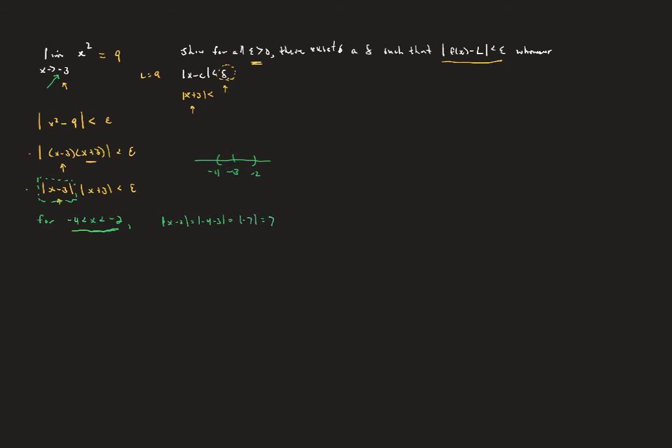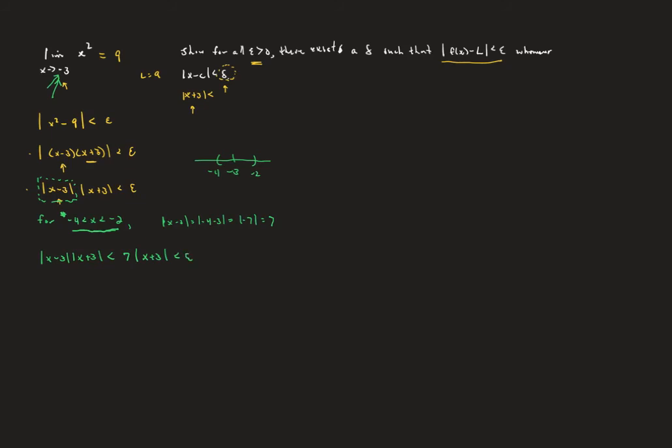Okay, now I've set the stage, so my claim is that I'm going to make a chain of inequalities. So this that we're looking at on this interval, so I have to state this, and I'm going to just look at the values of x between negative 4 and negative 2, which is reasonable if we're approaching x equals negative 3. That's going to be less than 7 times the absolute value of x plus 3, which we are still trying to claim is less than epsilon.